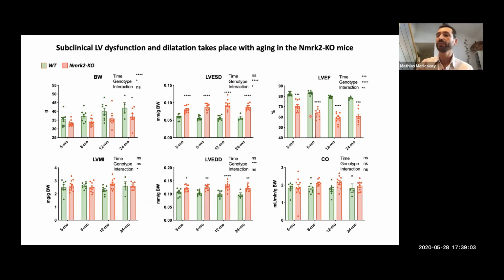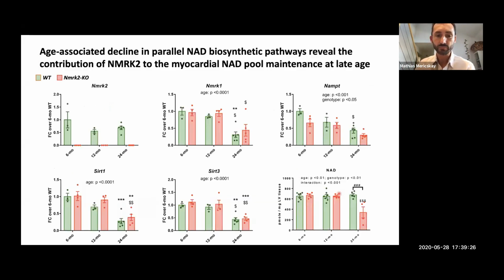However, this never develops to the point of overt heart failure. Clearly, the mice live for 24 months, so you can imagine that they don't really have severe heart failure. And moreover, the cardiac output remains relatively stable. So it's really more a change in the macrostructure and probably the contractility of the heart, but it remains subclinical, I would call it.